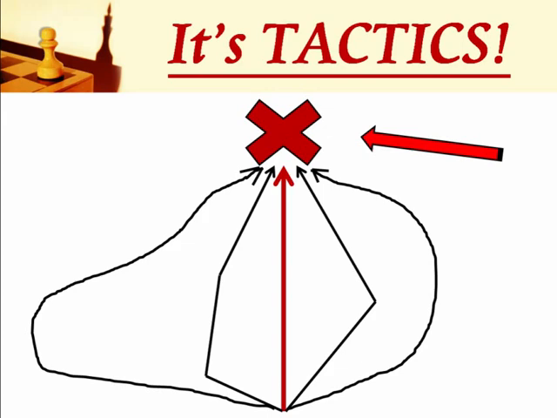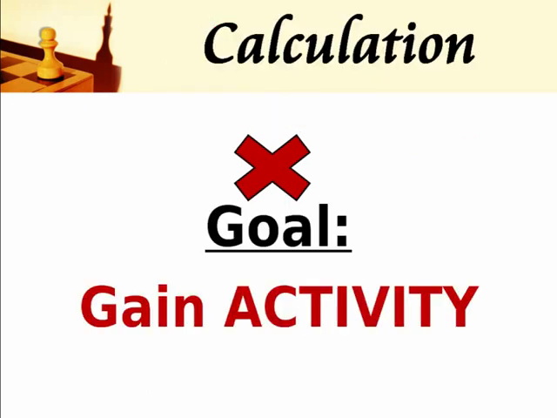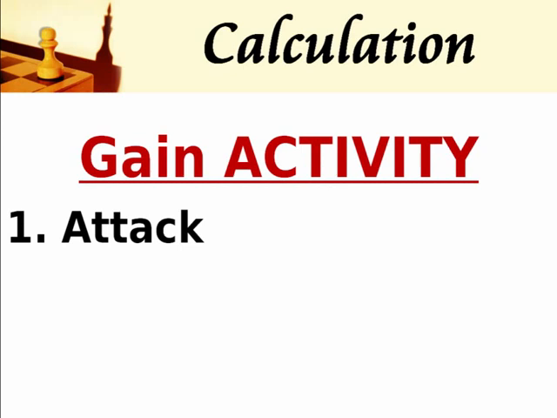And what should be your goal? Your main goal is to gain activity. And there are several strategic principles that will guide you to achieve it. First, you should try to attack. Doing so pushes the opponent's pieces back while we improve our pieces' activity.